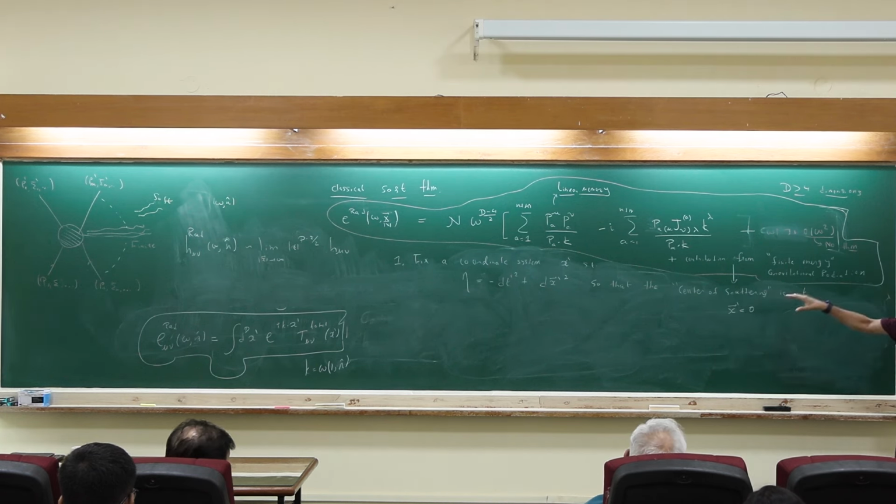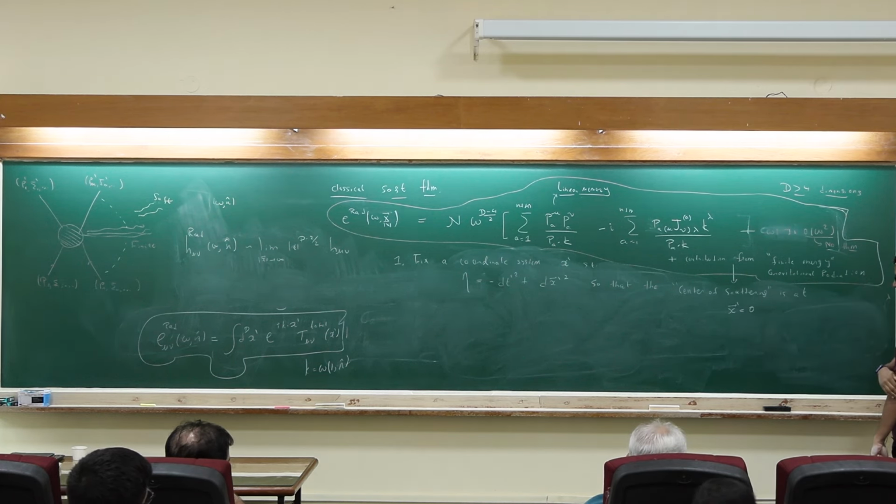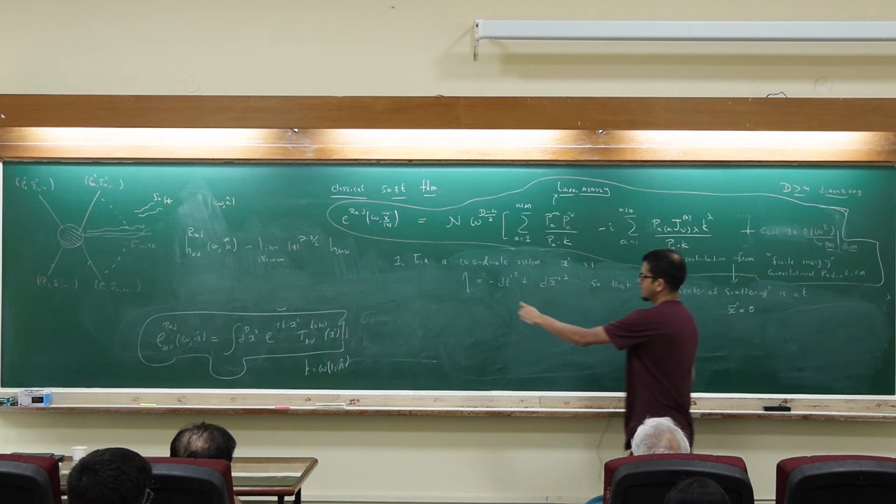Okay, so this is just some structure we are fixing. Of course, in the end, the final result will not depend on all these things at all because of translation invariance. So that's the first step.